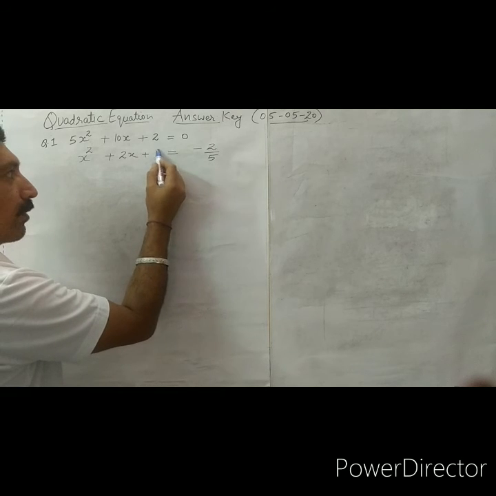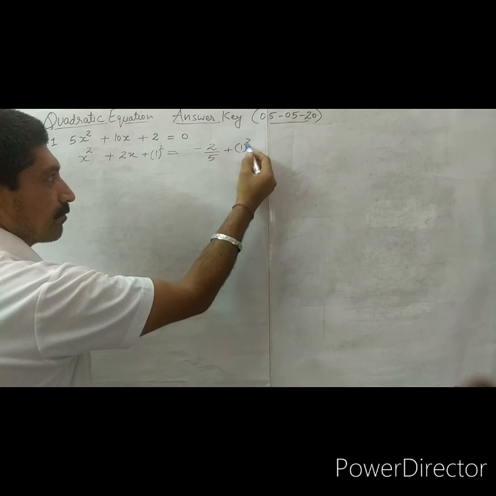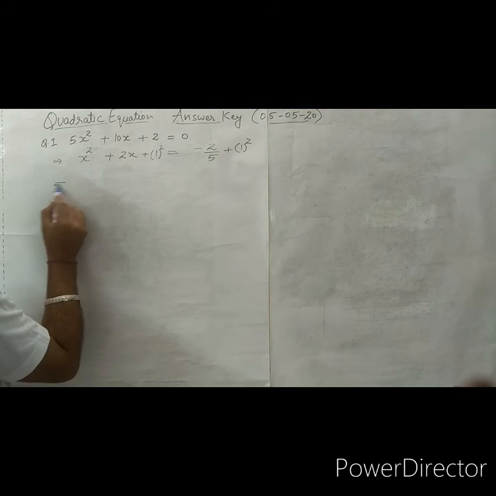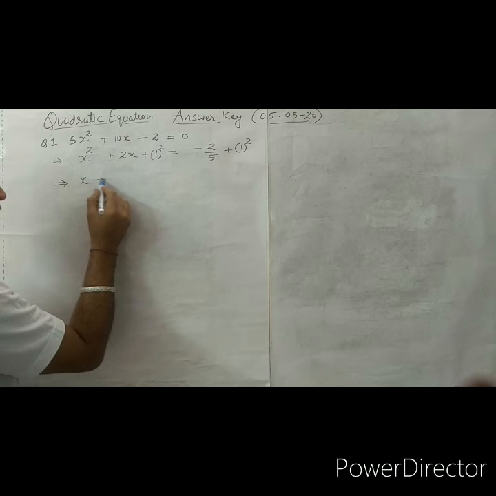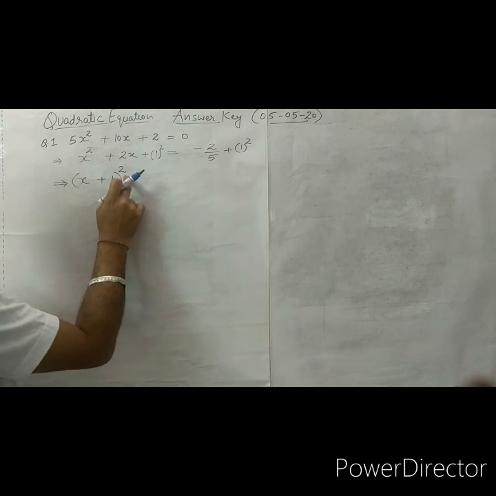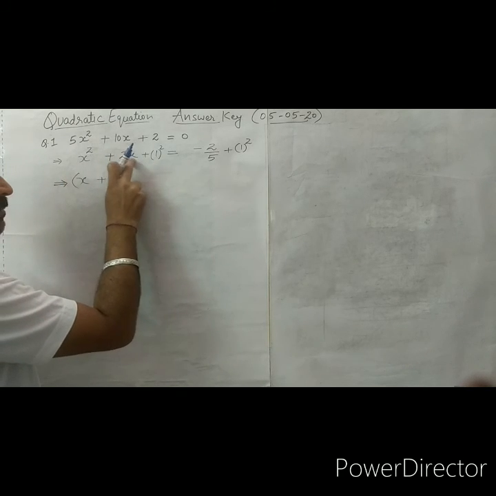So 1 square this side also and 1 square this side. So this is now the complete square. This implies that here we have x plus 1 whole square. If we open the bracket, it becomes a square plus b square plus 2ab.